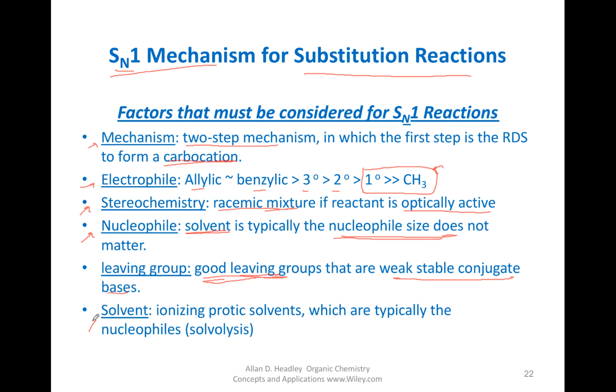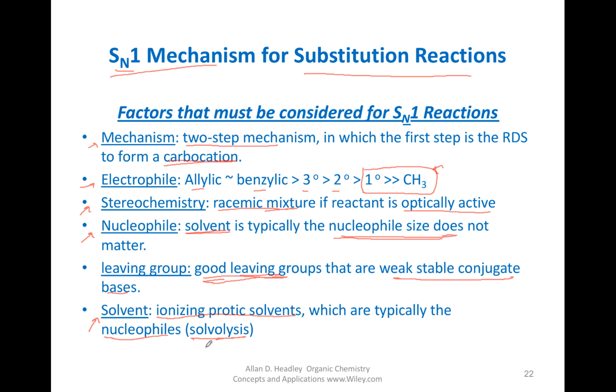The solvent, as we mentioned earlier, has to be ionizing protic solvent. And the solvents are typically or always the nucleophile, and these type reactions are called solvolysis. So that's SN1 reaction. So I'll get out a set of tutorial questions so you can practice these reactions.